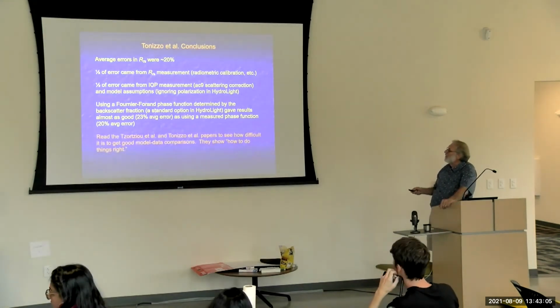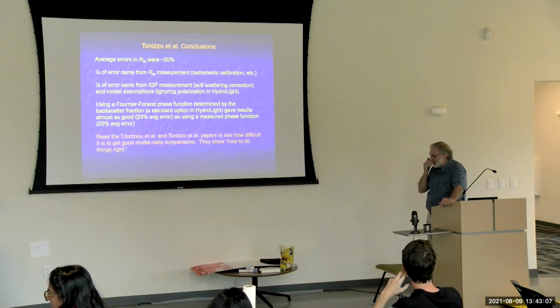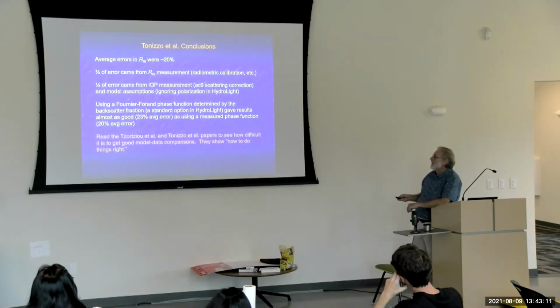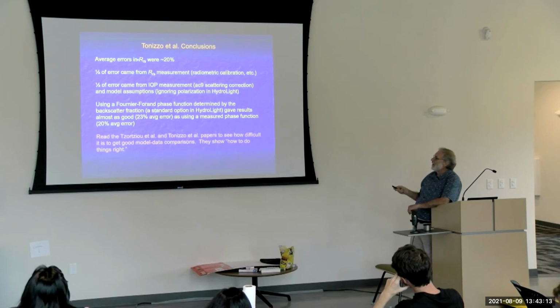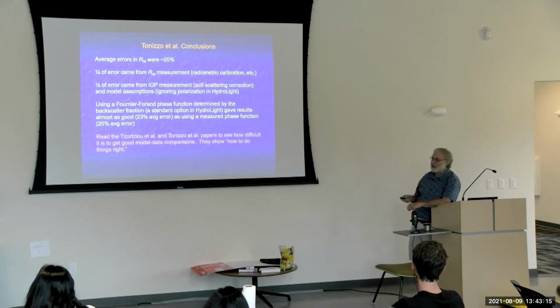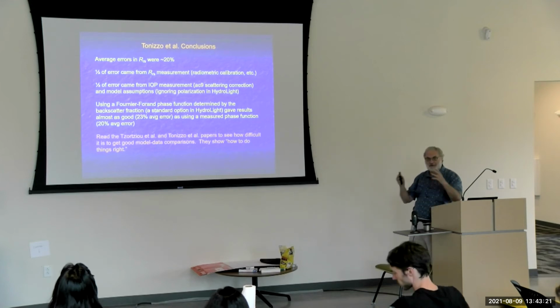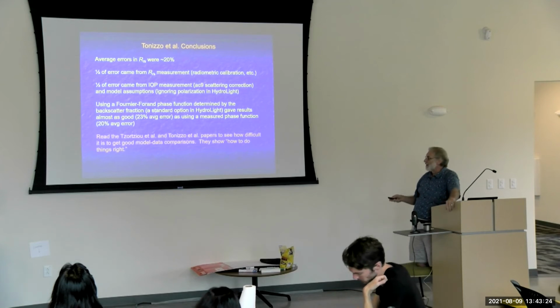They concluded in their big error analysis, where they looked at all the reasons for these disagreements, that they could get Rrs to within about 20%. Half of that error, they said, came from the Rrs measurement, so you've got all the radiometric calibration and that business.